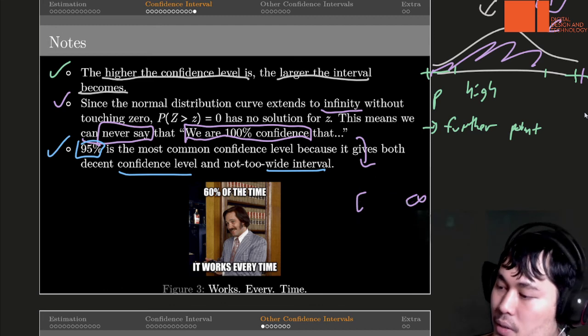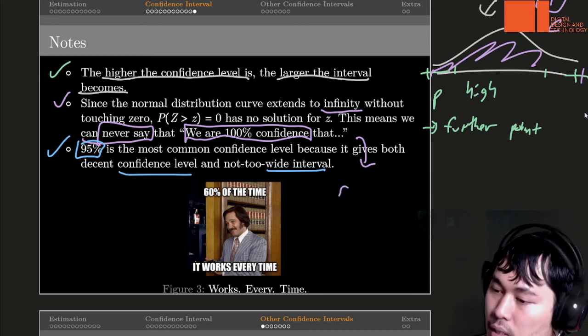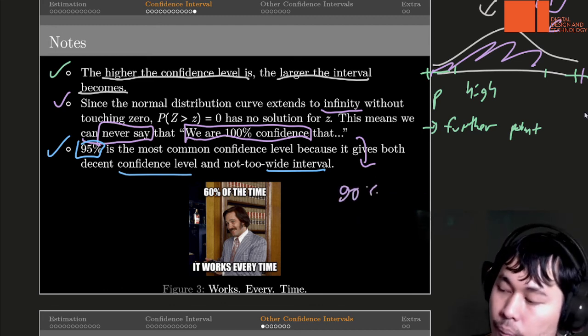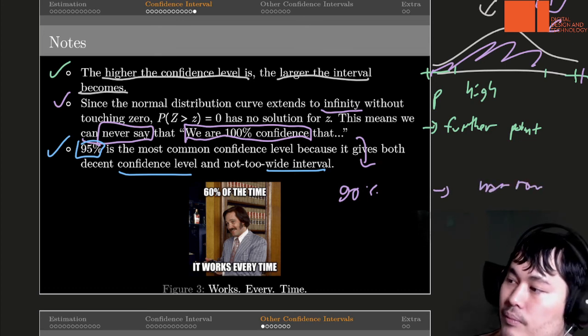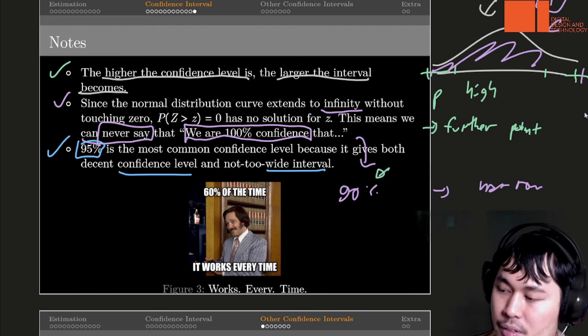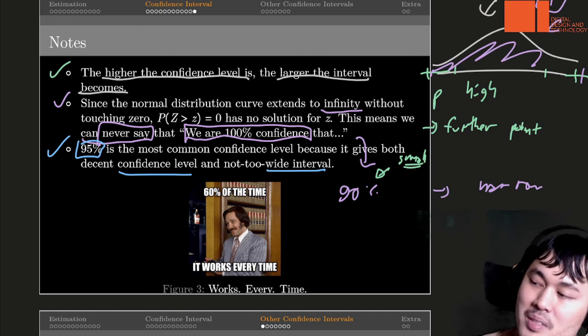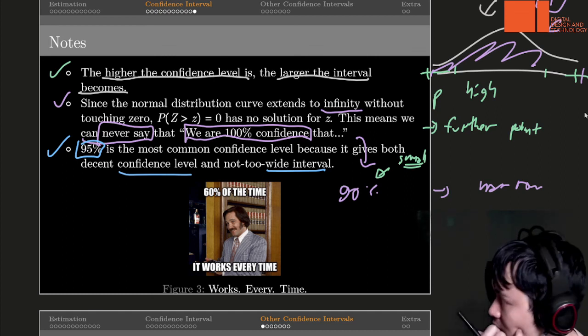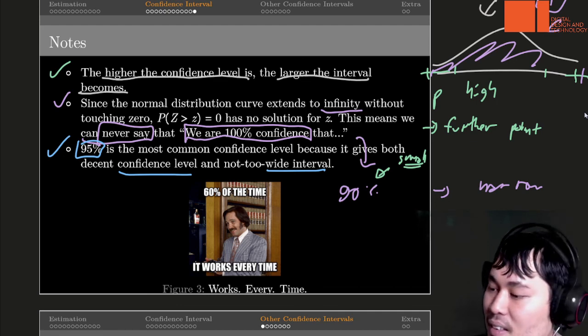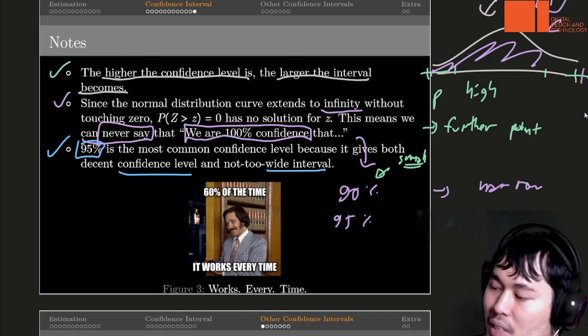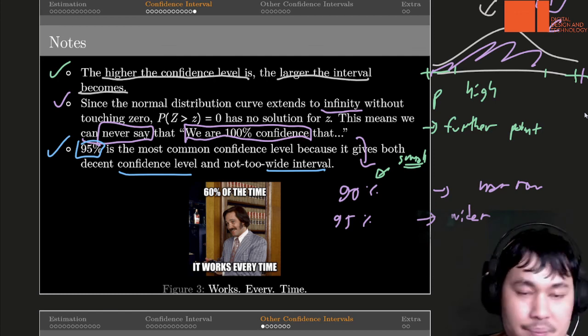Because notice that if the confidence level is small, then the range is narrow. Let's say 90%. Again, it depends on your perception, but in statistics, 90 seems small. 1 out of 10 is nothing, like it could happen. For 95% confidence, it's slightly wider.